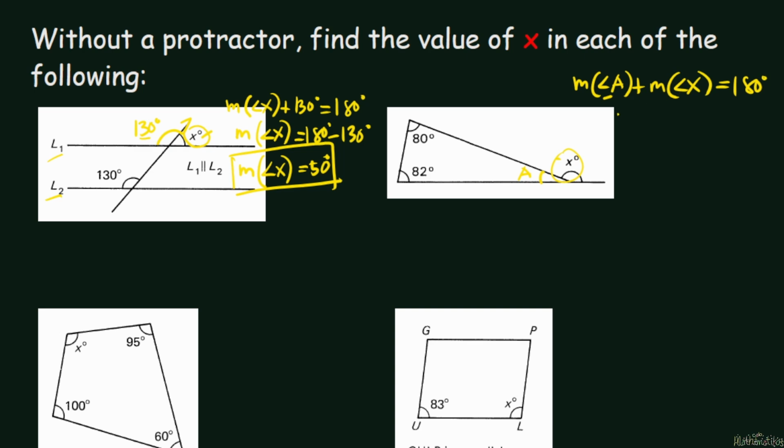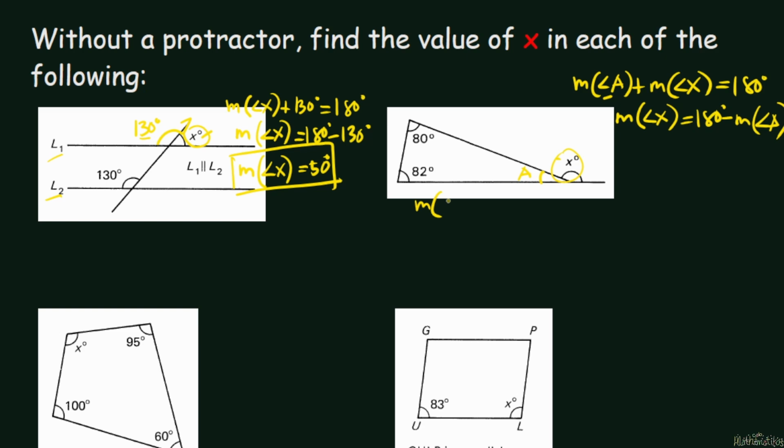So from here, let's write this one first: 180 degrees minus the measure of angle A. So let's find the value of angle A. We know that the sum of the angles of a triangle is equal to 180 degrees.